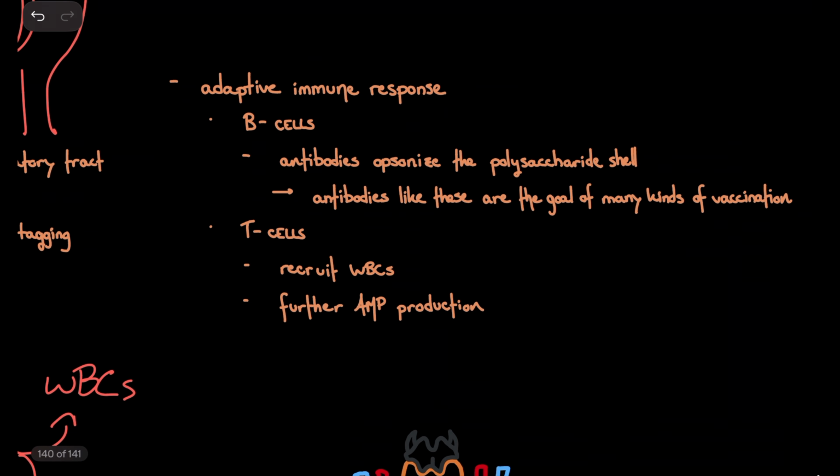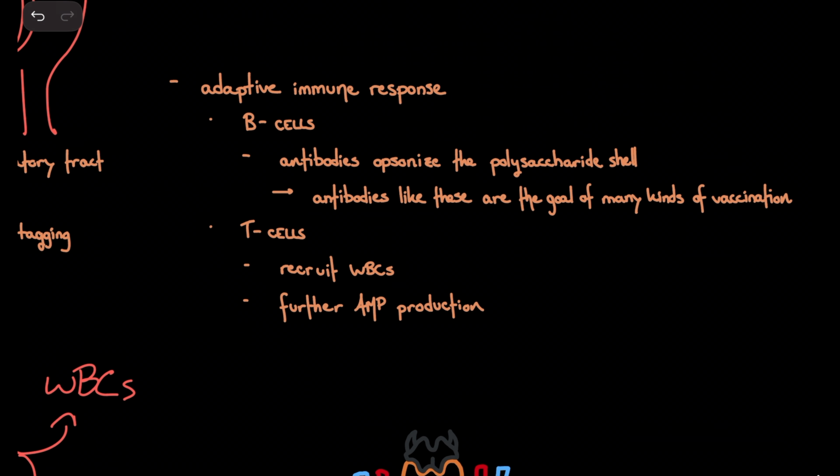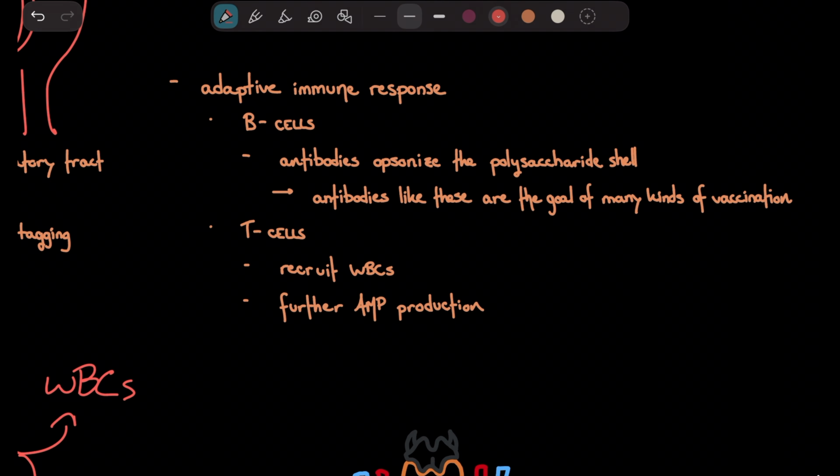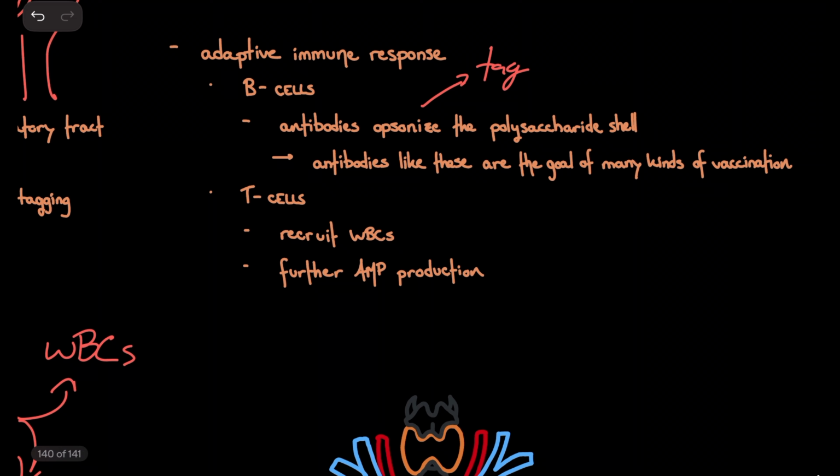All right, what are my adaptive cells doing? Perfect. My B cells, of course, antibodies, antibodies, antibodies. Secreting those to opsonize, again, fancy word for tag. They'll tag that polysaccharide shell. I already mentioned this. That's the goal of many vaccinations.